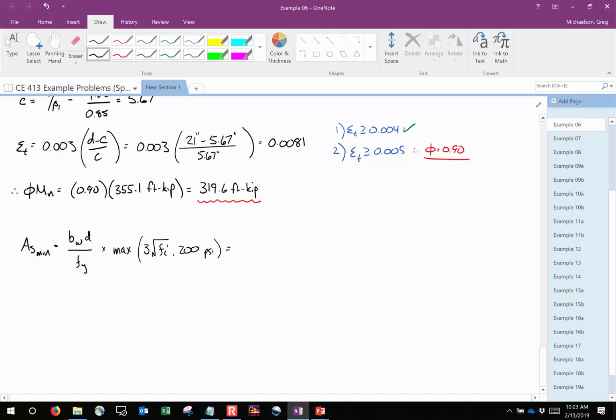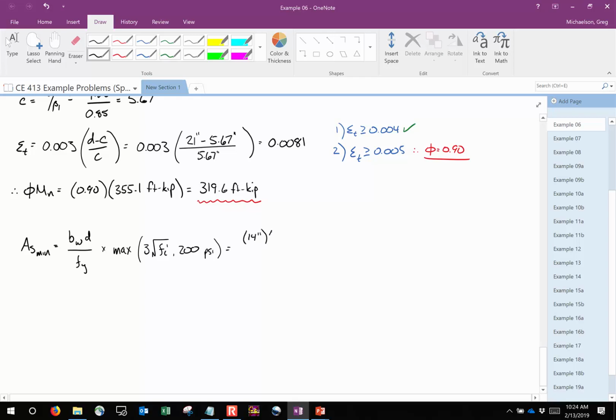So somebody real quick, what is 3 square root of fc prime? Just off to the side. Now how do you do that calculation? You put in psi, you get out psi. So which one are we going to use? 200.